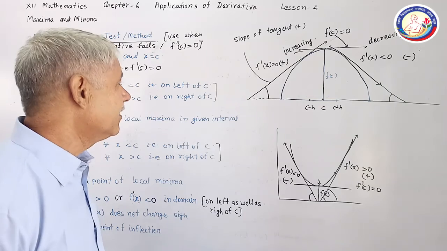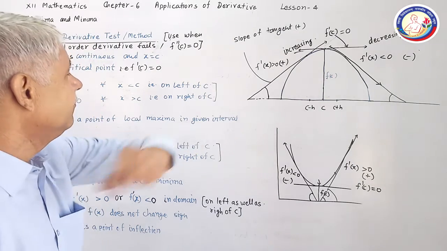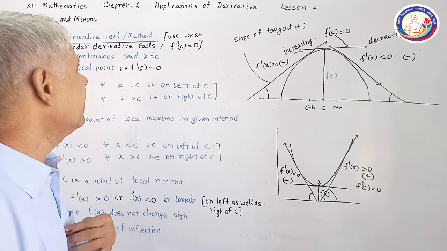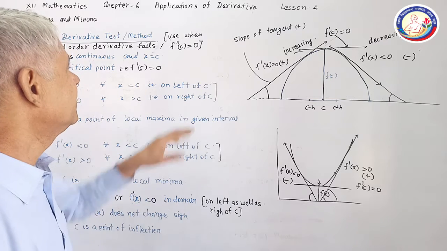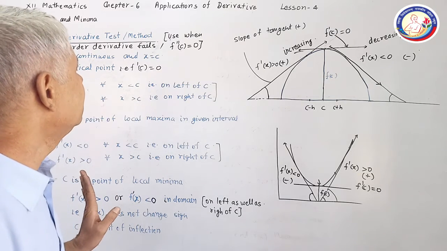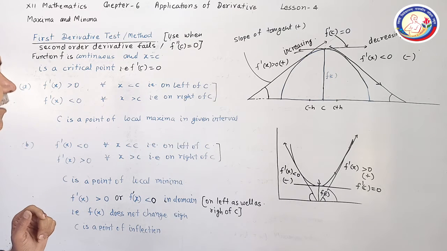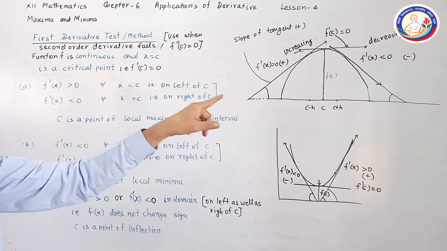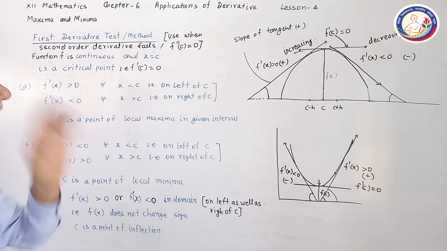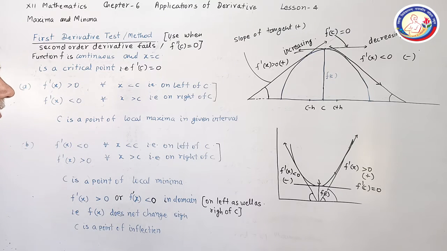But in the third condition, when the value of the second derivative at the critical point comes out 0, then this test fails. And in that case, we have to use the first derivative method. We have already discussed it, but I am repeating.